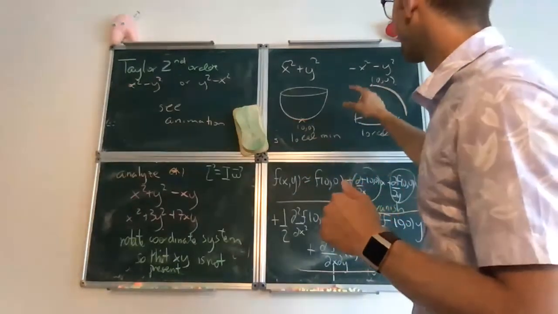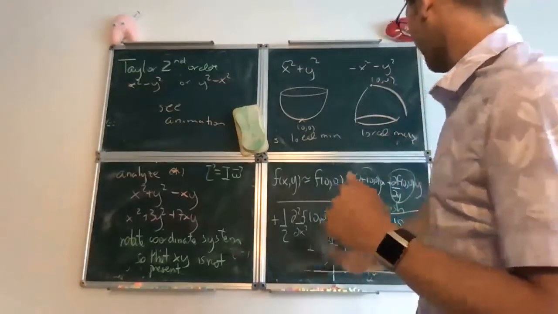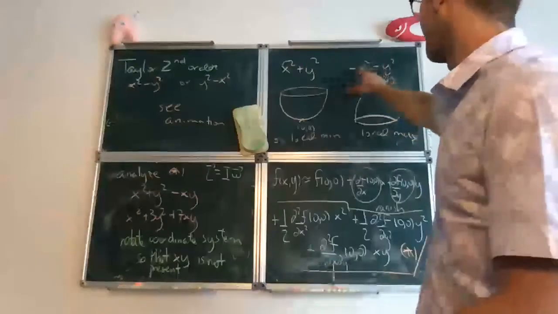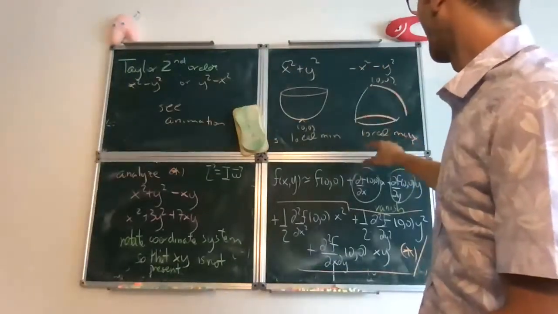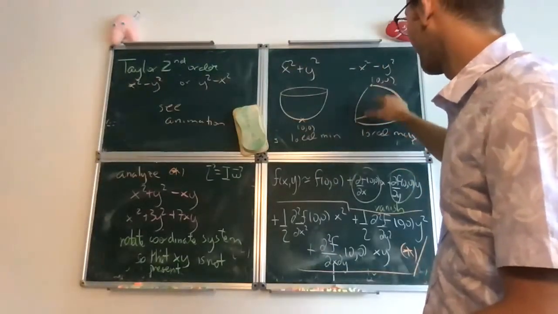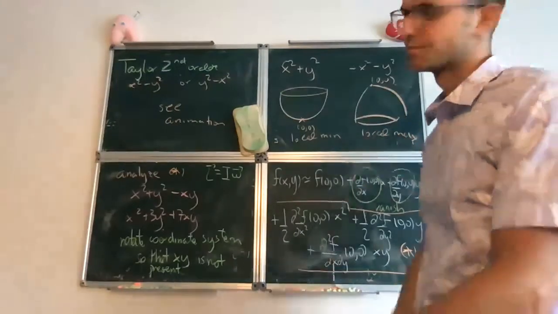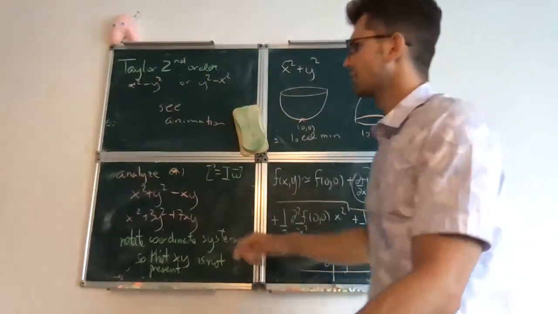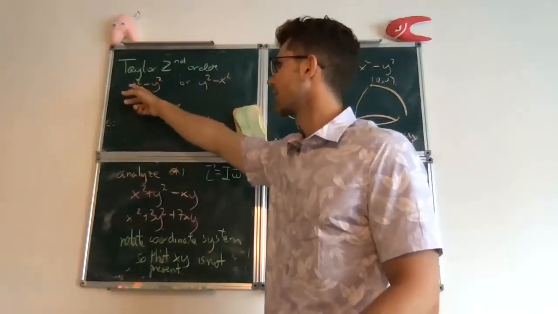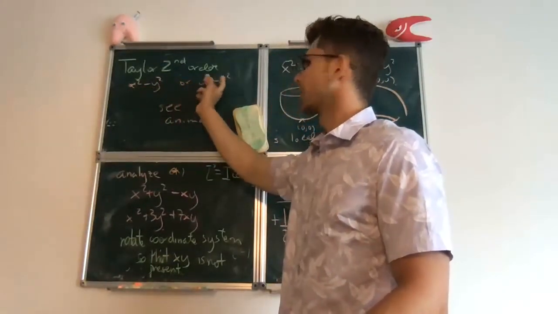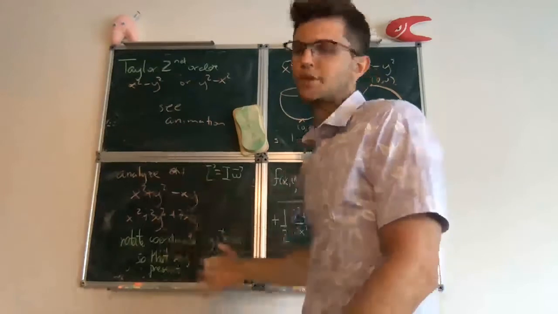The second option is where the quadratic expression looks like minus x squared minus y squared, and that means the function at the origin is behaving like a local max. The third option is when the function looks like x squared minus y squared, or y squared minus x squared, in the second order approximation.